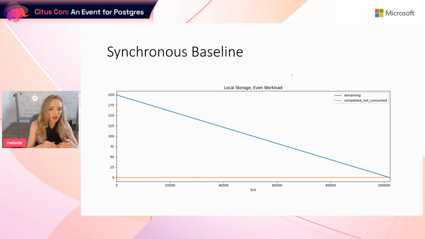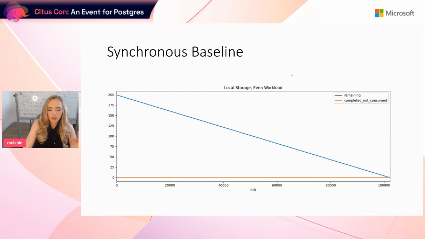Remaining is what the prefetcher has yet to request, and you can see that going down, and completed not consumed stays 0 because every single time an IO is finished, the consumer picks it up. You can see that this takes about 100 milliseconds, I think.